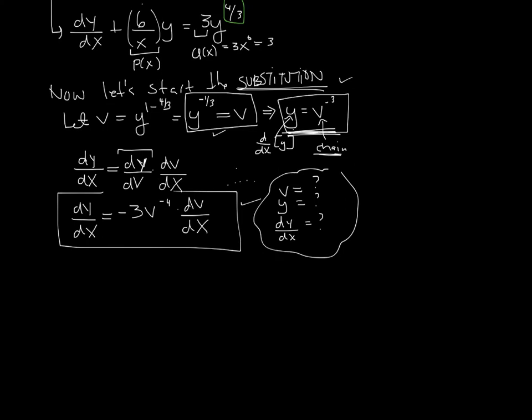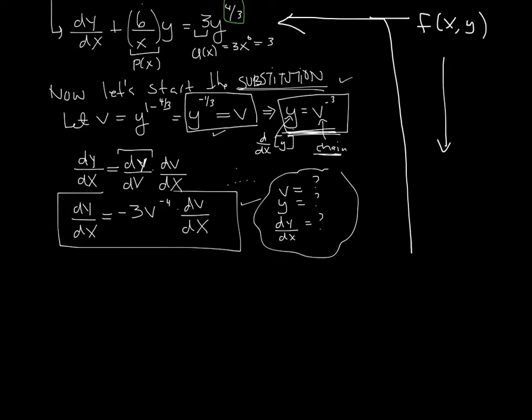So I'm using, again, this is my x and y, this is my f of x and y. And again, I want to transform this equation into some, hopefully, g of x and v by substitution.